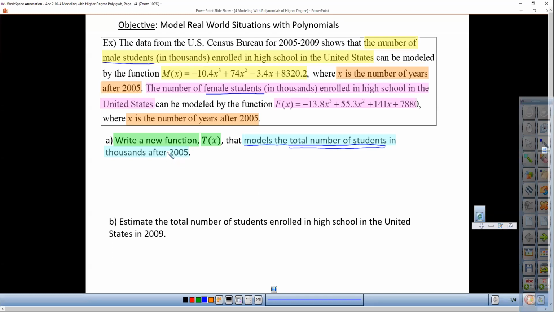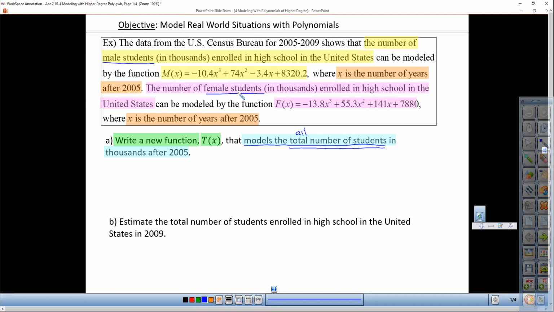So hopefully you're thinking, okay, well, total would mean all of the students. And if I want all the students, then I would take the male students and the female students and put them all together. Now I have to understand that the correct operation for that would be addition.